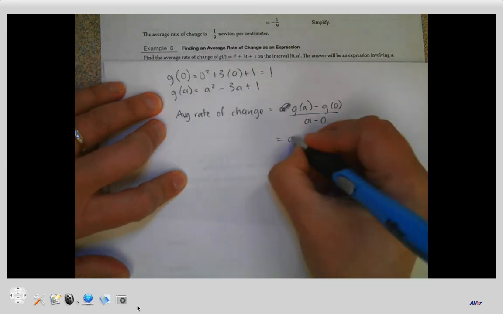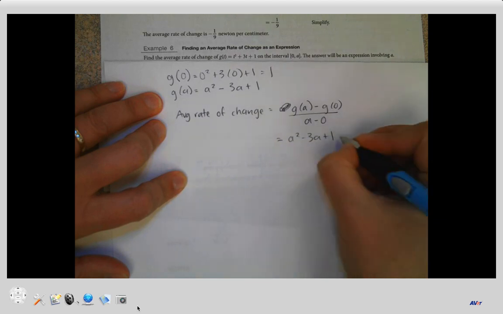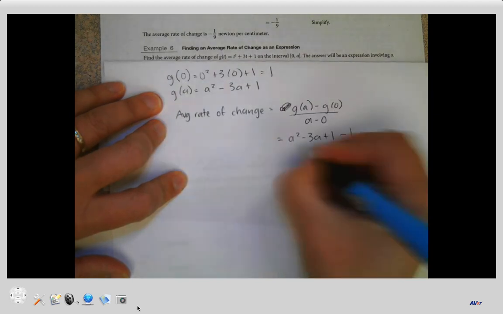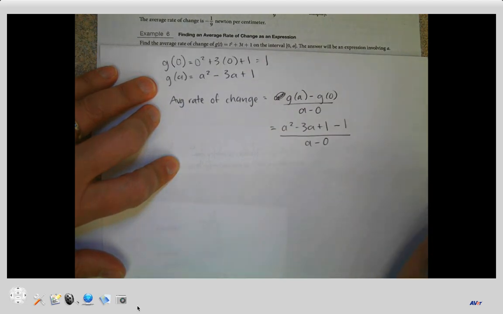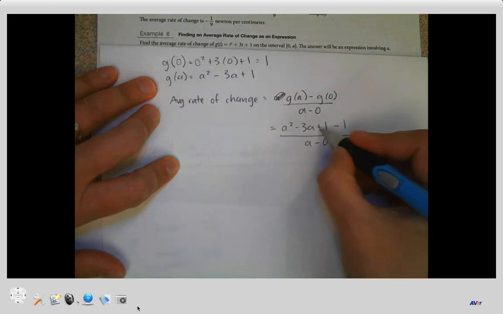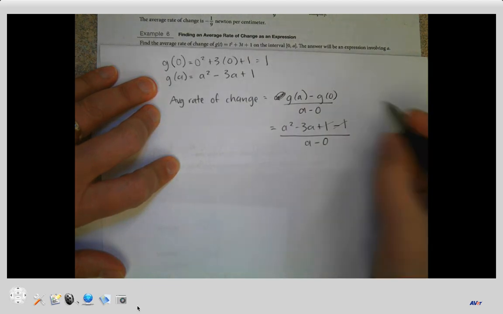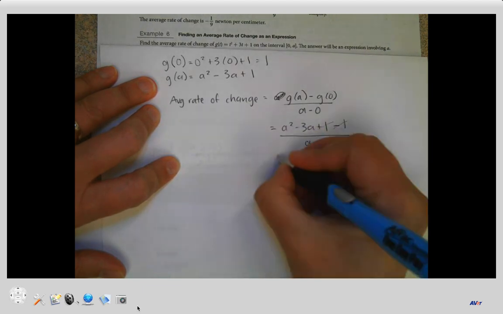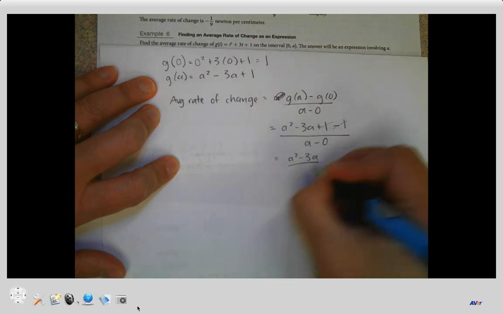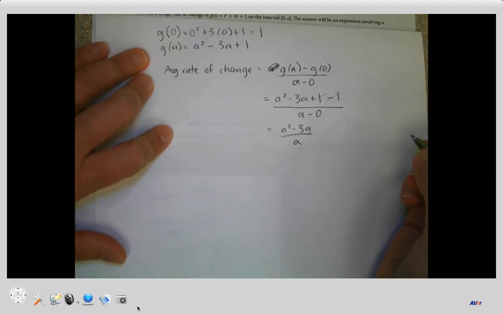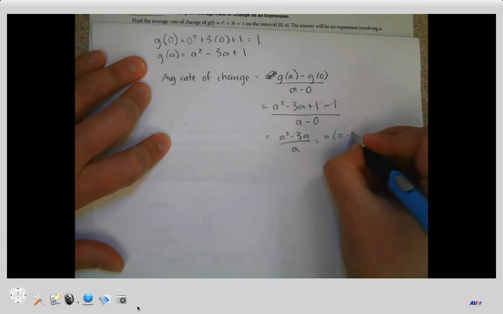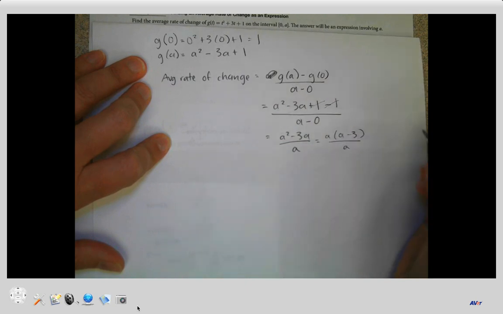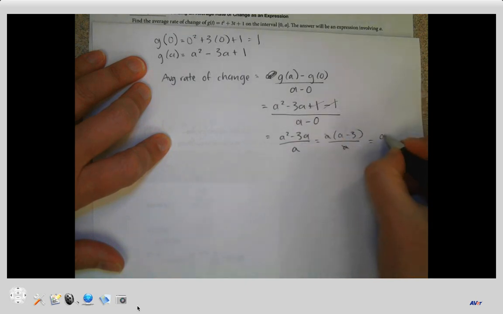G of a is a squared minus 3a plus 1, minus g of 0, which is 1, all over a minus 0. Can I simplify this? Yeah, I can. Plus 1 minus 1, those cancel each other out. That just leaves me with a squared minus 3a all over a. I'll factor an a out of the top. I get a times a minus 3 all over a. Cancel the a's, and I'm just left with a minus 3.